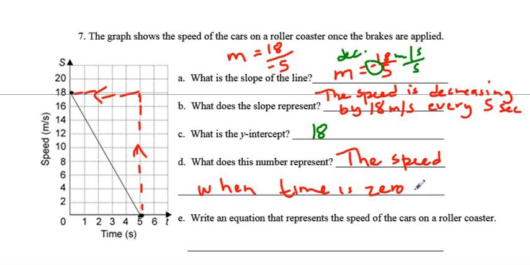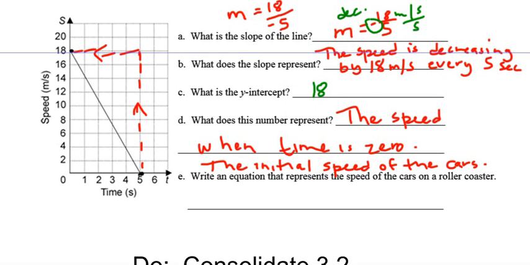And another good way to say that is it represents the initial speed of the cars. Okay? All right. So what is the initial speed of the cars? The initial speed of the cars, let's just put that in, 18 meters per second.